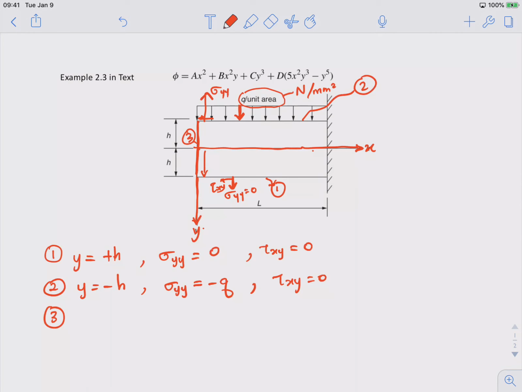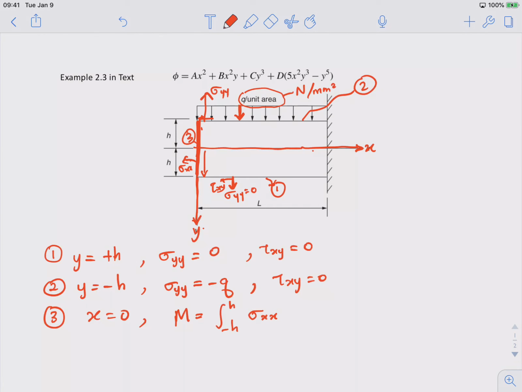So if I were to write at x is equal to 0, that's at this surface, what is my moment? To get my moment, I would integrate, again, going from one end to the other. So minus h to h. And then I take my sigma xx, because that would be what you would want to integrate, right? So the sigma xx, and convert that to a force because I want a moment.